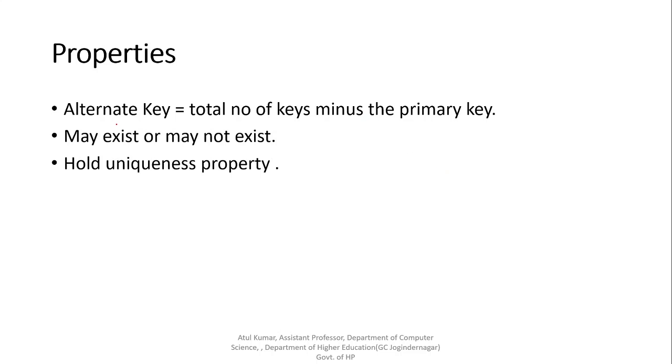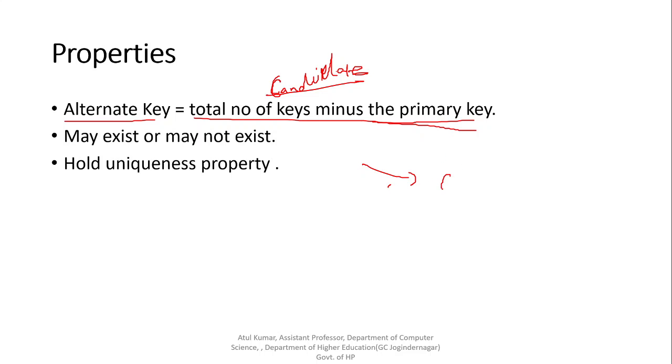So what are the different properties? The first property is that the number of alternate keys is the total number of candidate keys minus the primary key. They may exist or may not exist, as there are cases where only one candidate key exists.